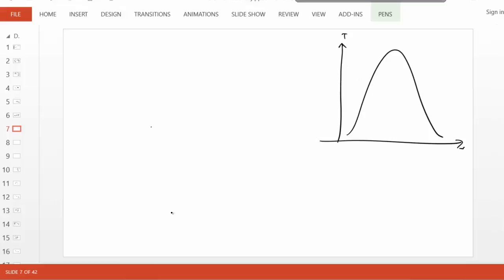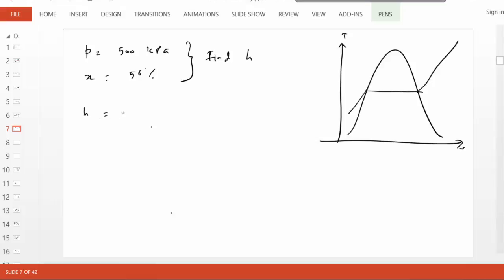So suppose it is given pressure equals 500 kPa and quality is 50%. Let's say the question is to find enthalpy. So we draw the 500 kPa line, and to find the enthalpy, we know enthalpy must be 1 minus x times hf plus x times hg.